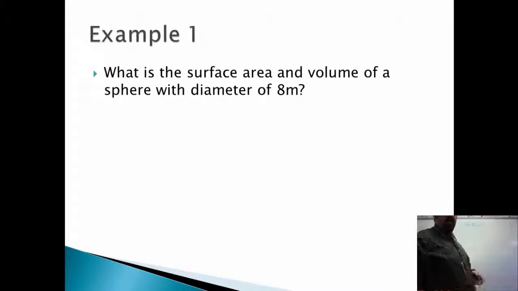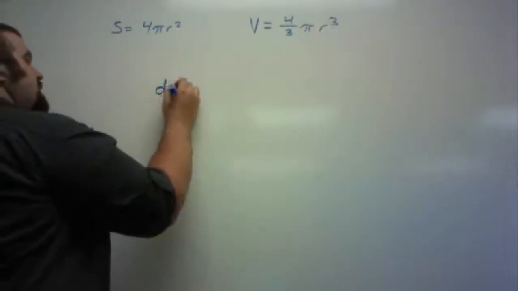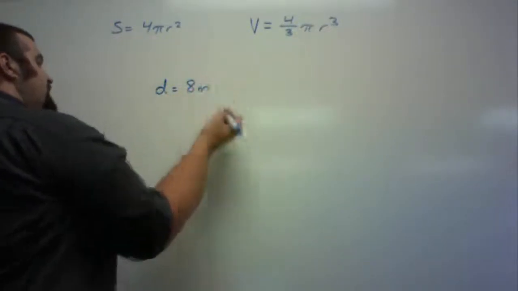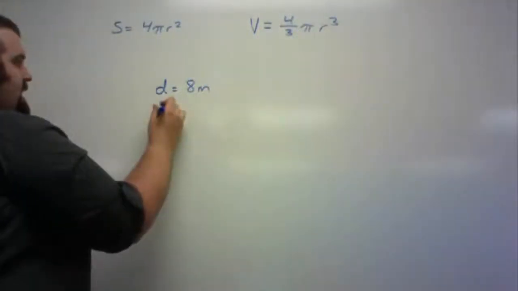So, what if I want to find the surface area and volume of a sphere with a diameter of 8 meters? Well, if I want to find the surface area and the volume, I need the radius.